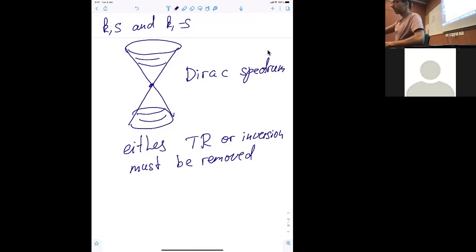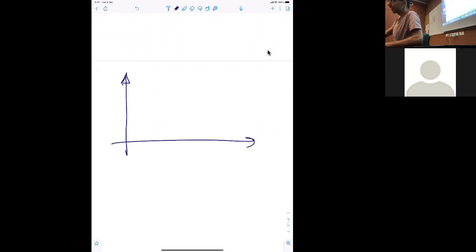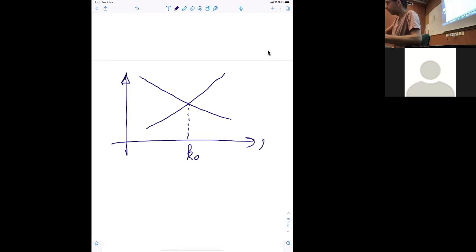Okay, now suppose we have a material that has this structure, and this would be a three-dimensional material. Let's think for a moment that we have a three-dimensional material, and in order to have a Weyl spectrum, we need to have some crossing. So we need to have a special point in the K space, let's call it K0, where two bands cross.